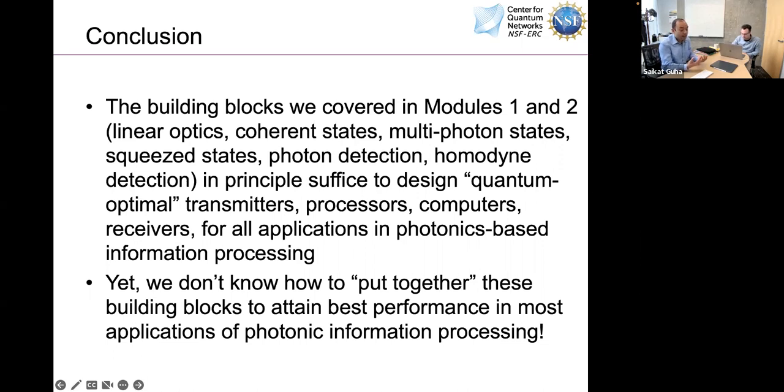But that doesn't say that there aren't better encodings of qubits in the photon, better error correction codes, and better architectures that might give you orders of magnitude improvement. So I personally still feel that this field is ripe for a lot of fundamental research that brings together information theory, quantum optics, and physics. On the other hand, the field is at a point where certain ideas are ready for an engineering acceleration.